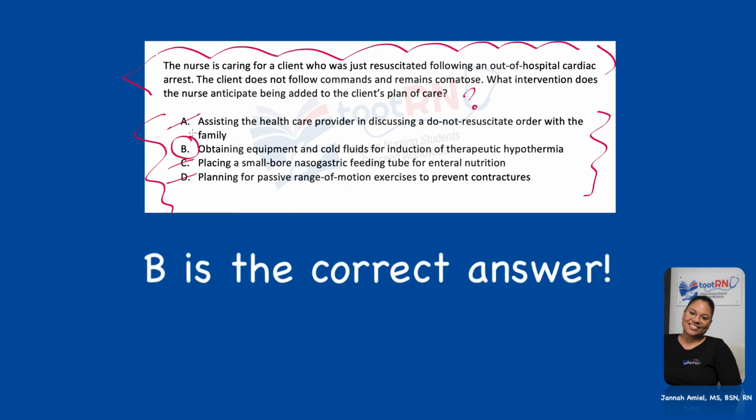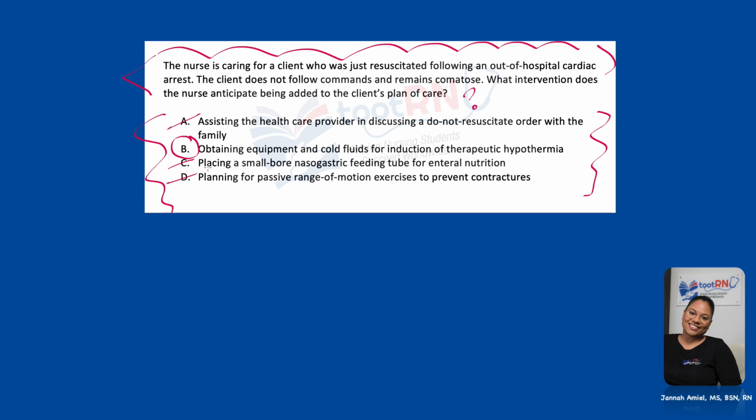Now here's what I really want to show you. We're able to eliminate A, C, and D simply by asking, what does that have to do with the problem? The problem is this person was resuscitated, but they're not following commands and they remain comatose. And we know that this means a neuro problem. So A, C, and D don't do anything to directly address a neuro injury, but B does.